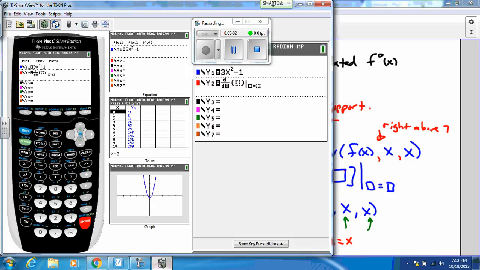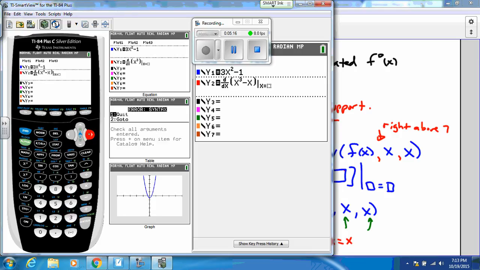And since my emulator is a TI-84, let me do that at this time. I'm going to go over here and I'm going to let y2 equal d/dx of the function x cubed minus x at the point x is equal to x.